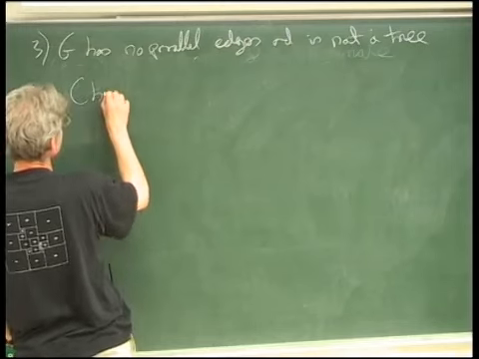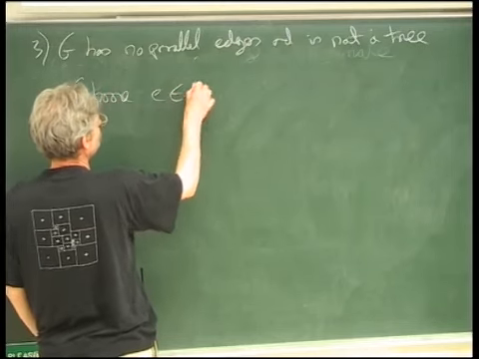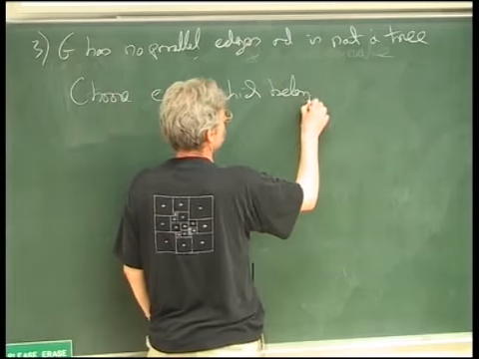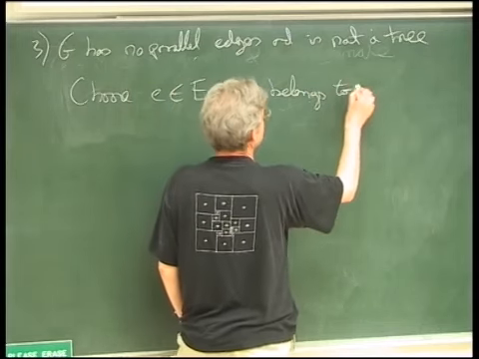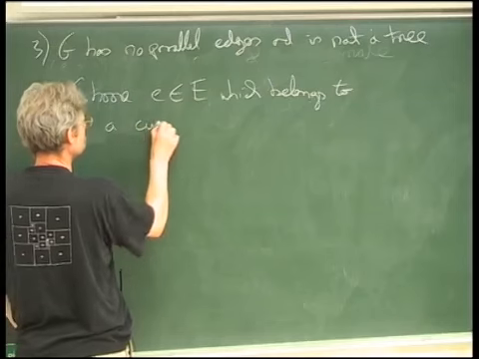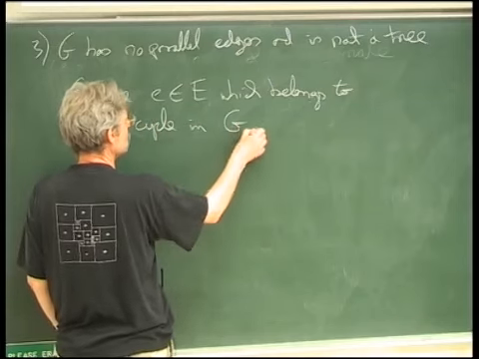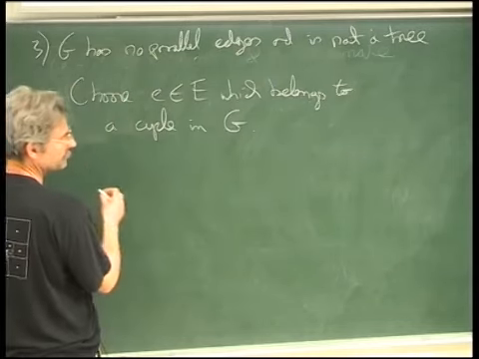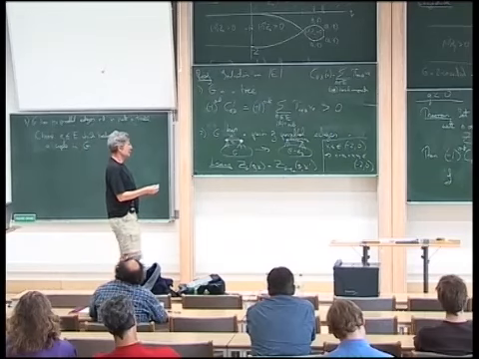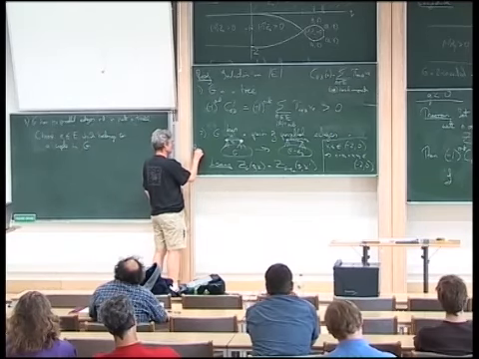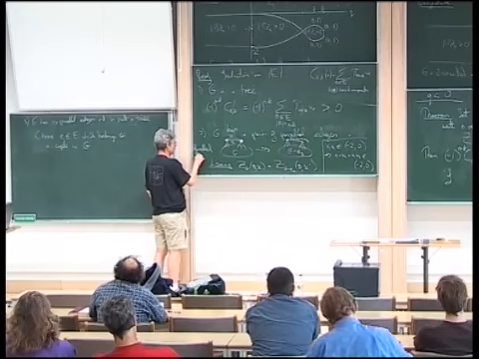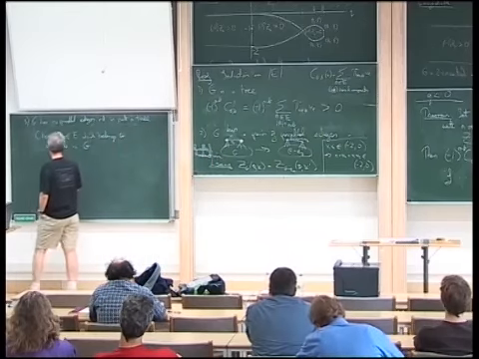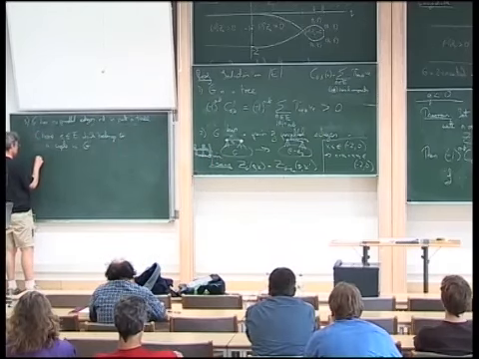So then we choose e in E which belongs to a cycle in G, and we use the deletion contraction lemma.